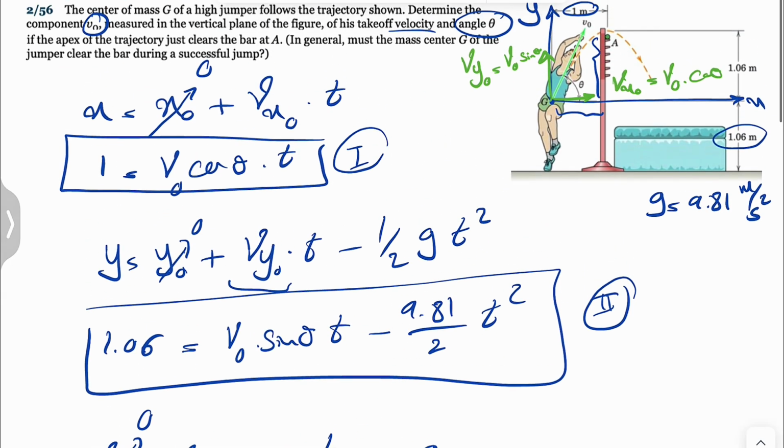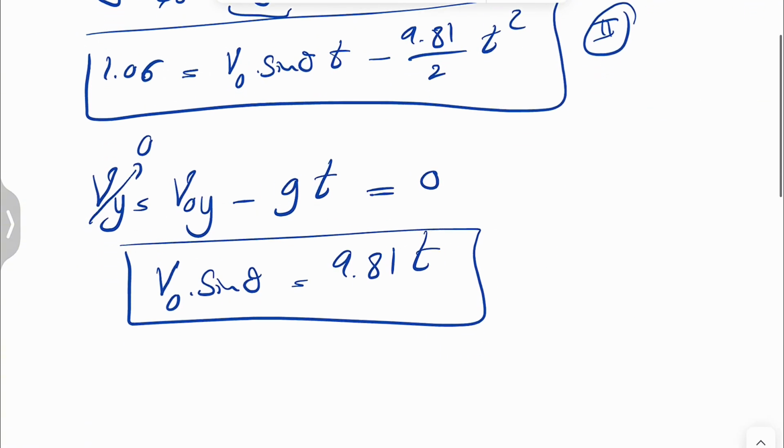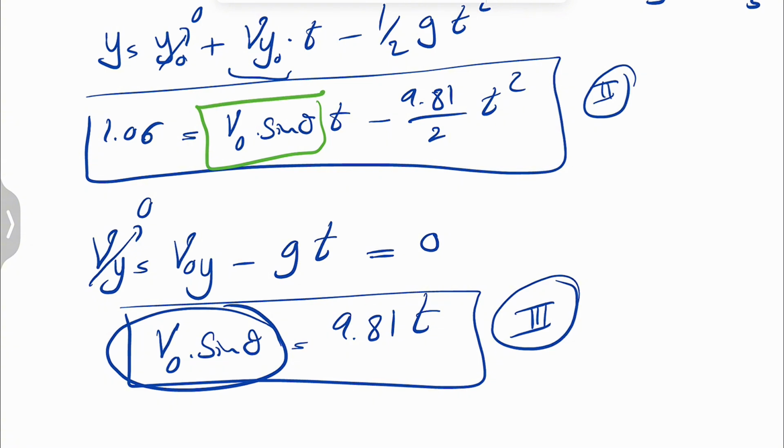The t in all three is the same because it's the time from G to the apex at point A. If we look at the previous equation, we have V0 sine of theta, which means we can simply put 9.81 t there, and we end up with one quadratic equation.